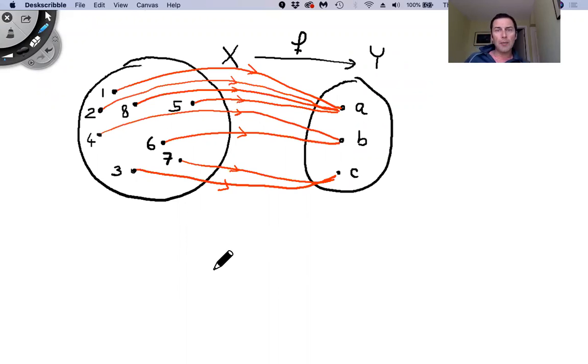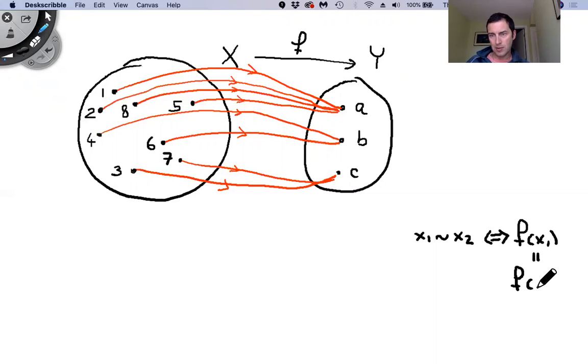So problem 8.3 said, okay, if I give you a function f from X to Y, there's a natural equivalence relation that you can put on X by saying that x1 is equivalent to x2 if and only if f of x1 is equal to f of x2.